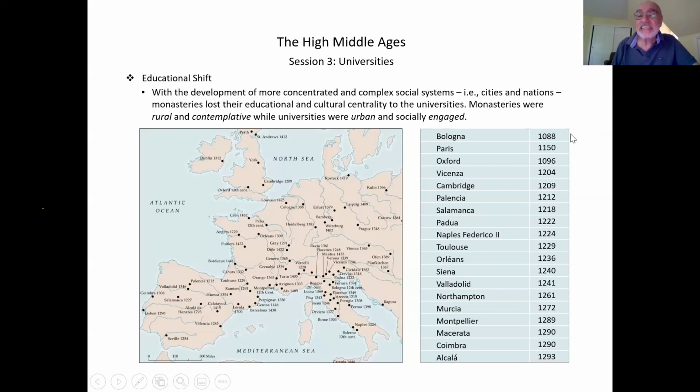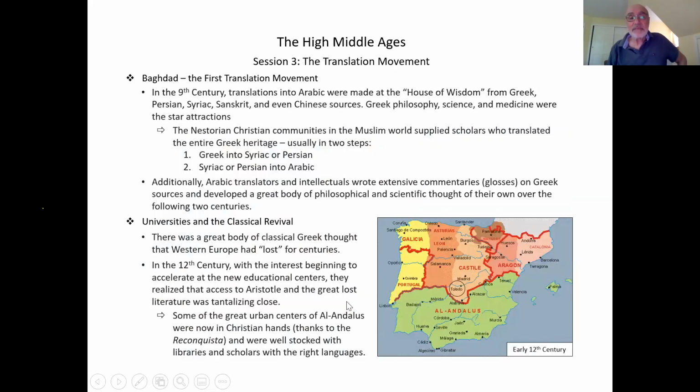And here is a time chart of major universities. We should bump Oxford up before Paris over here, but Bologna's at the top of the list. And as you start moving down the list, you see that universities were beginning to develop all over Northern Europe as well as the South.